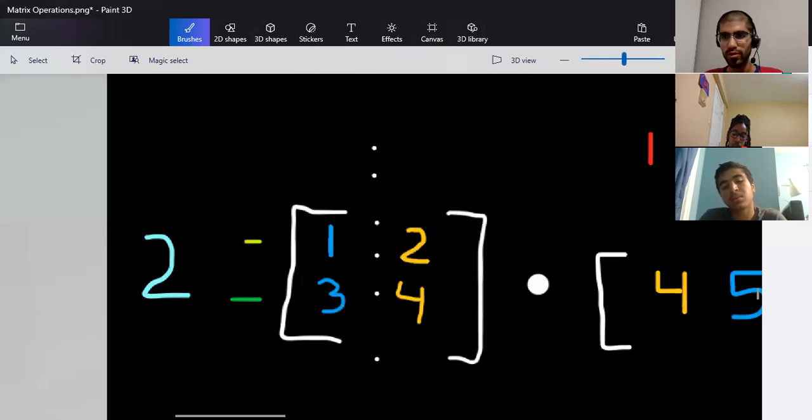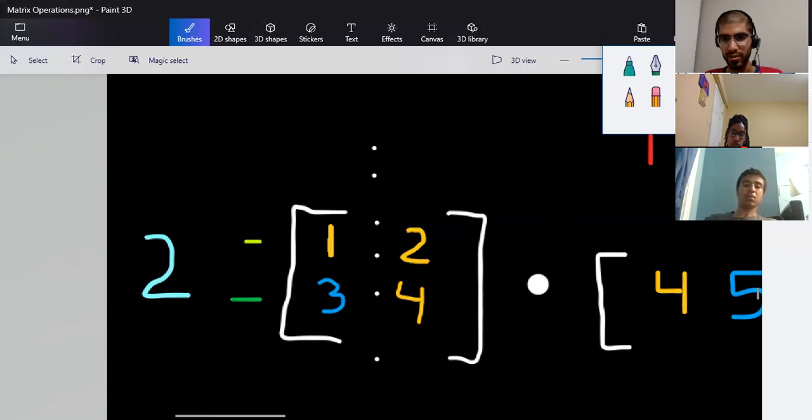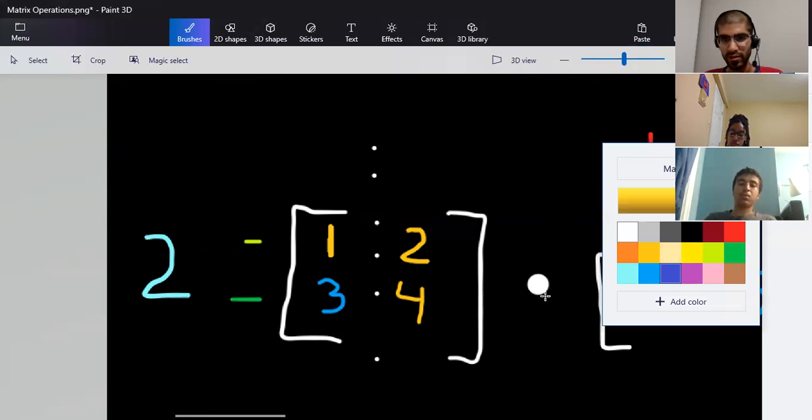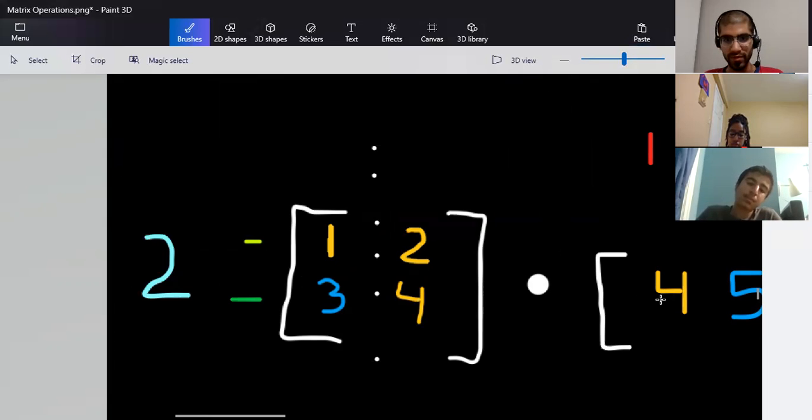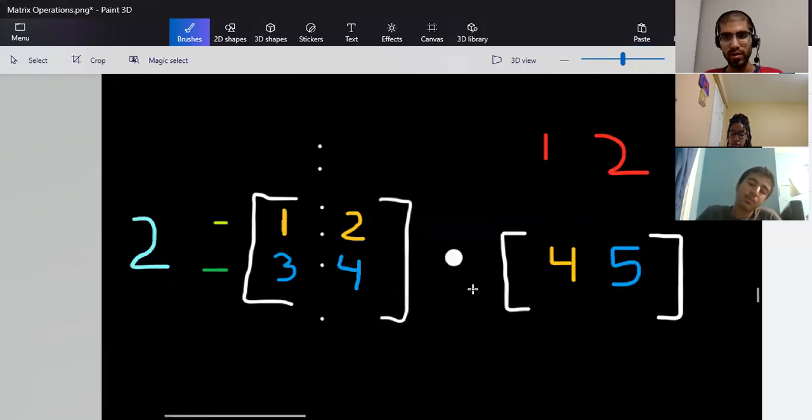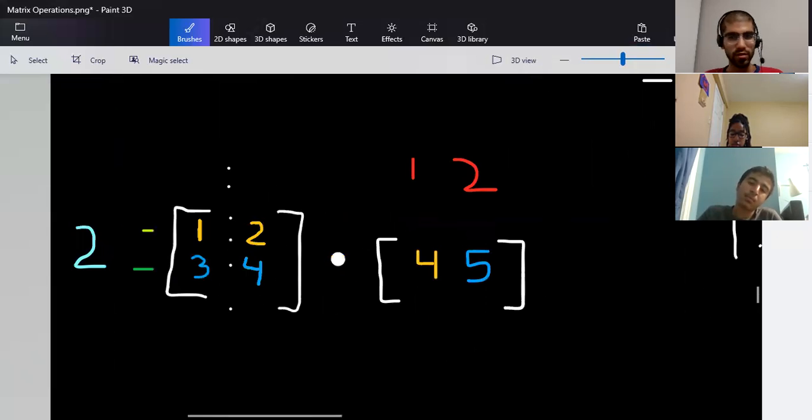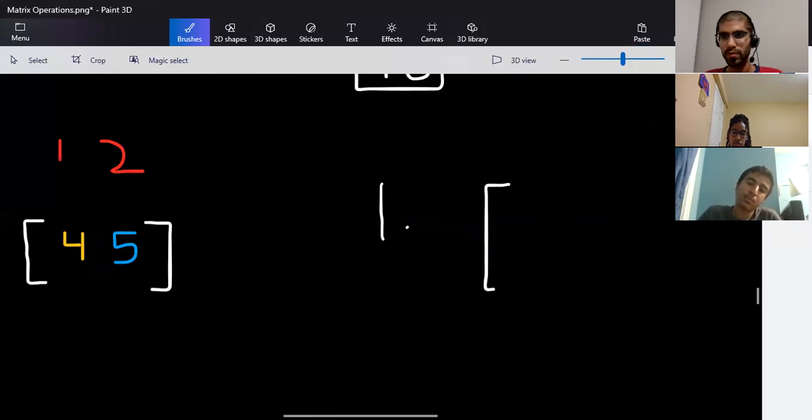And I'm going to color code these so they make more sense. Give me just a second. And there we go. So I'm going to take 1 and 3.